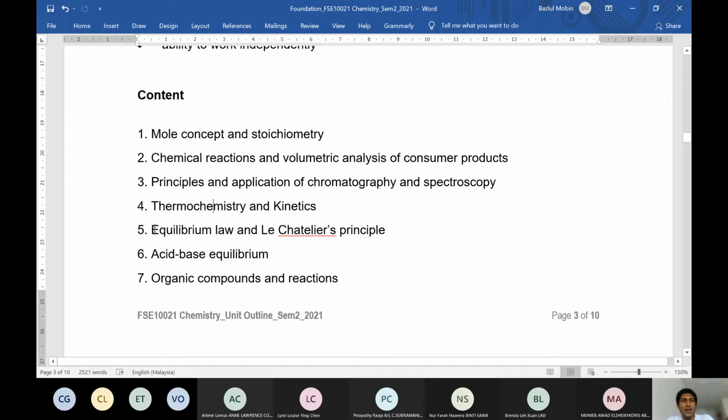Equilibrium is one of the most important things, not only for chemistry but for our everyday life, to balance our life. When you are negotiating with your friend, with your peers, with the buyer or purchaser, every time you have to follow this equilibrium law.